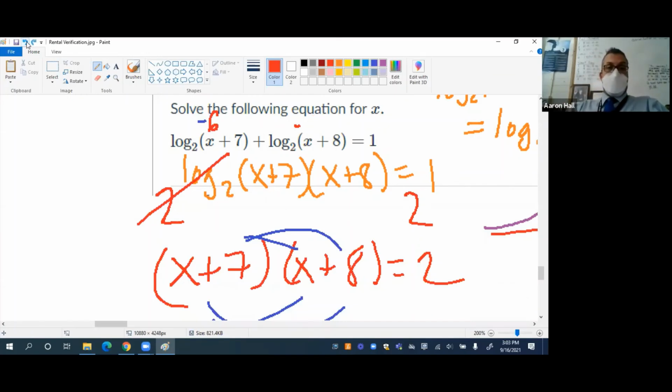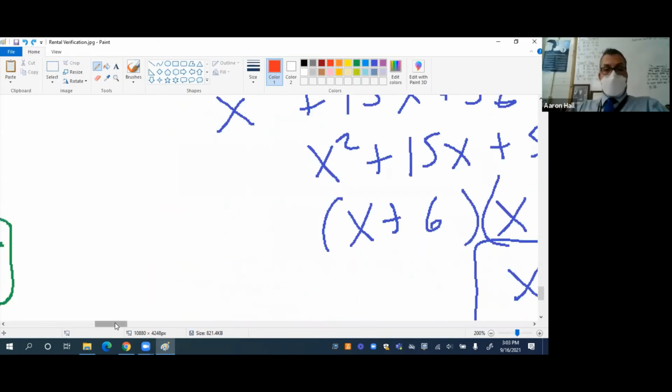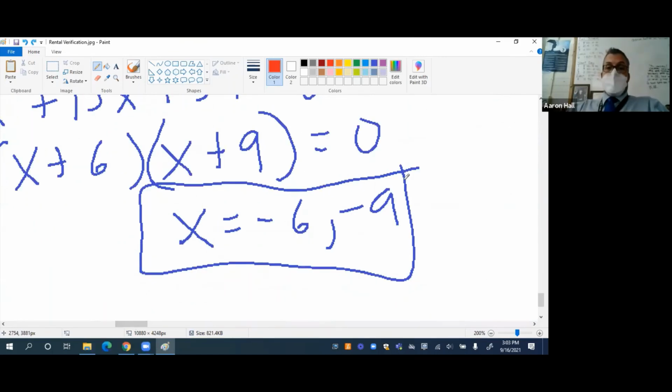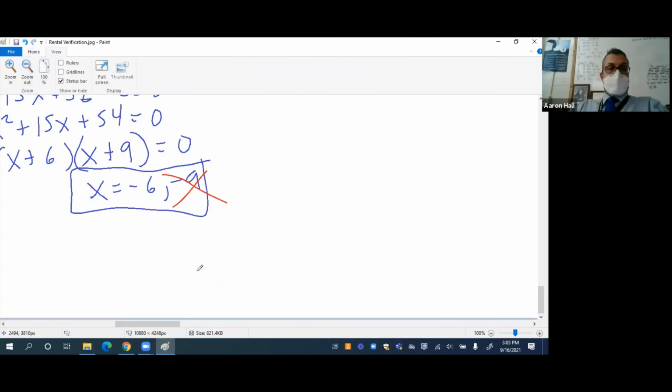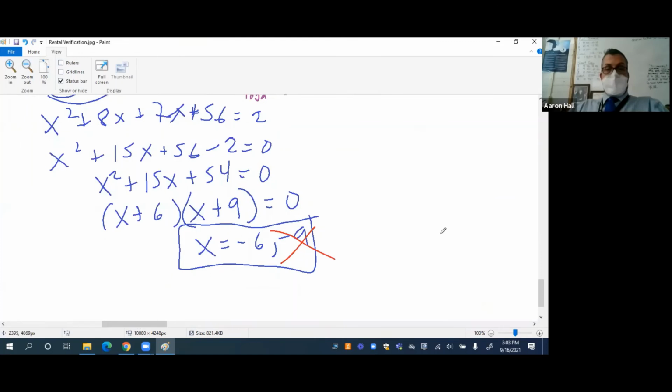The -9 is not allowed. So I'm going to conclude, thanks to Thomas, because he pointed that out, that we have what is called an extraneous solution. This cannot be a solution. Even though we found it to be a solution, it can't be. So there's just one solution, and it's -9. Good with that? Question?